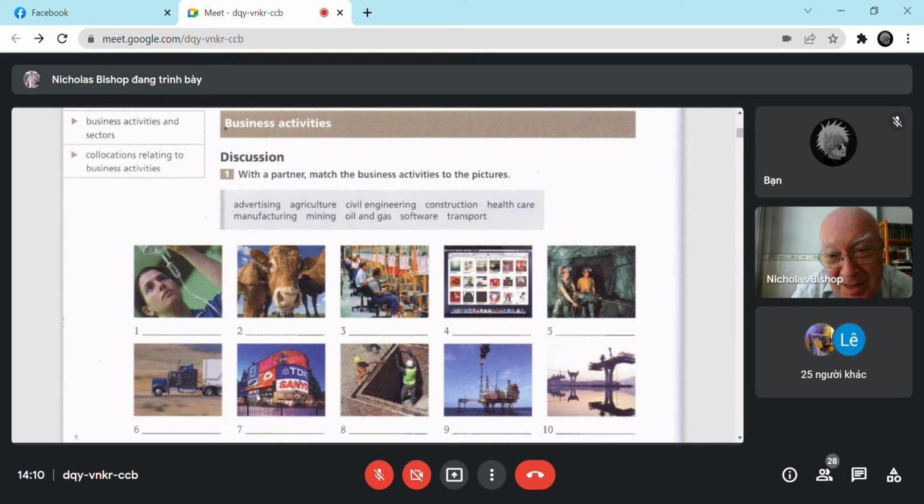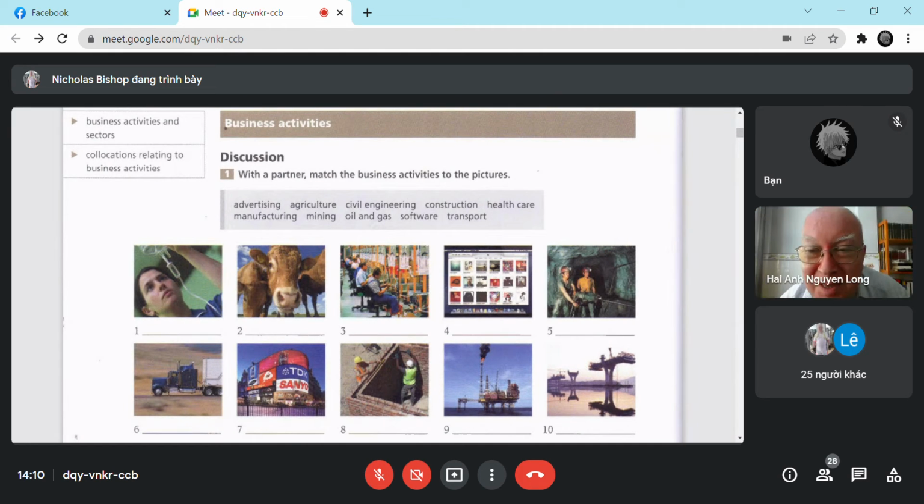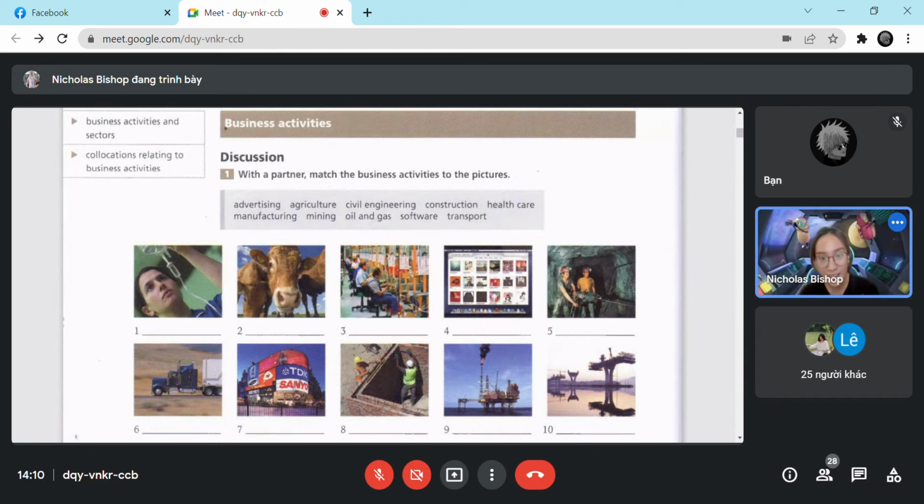And number 9, what do you think number 9 is? I think it's oil and gas. Can you say that a bit louder? I think it's oil and gas. Yeah, why do you think it's oil and gas? Because I see that the rigs are taking the oil from the seabed.